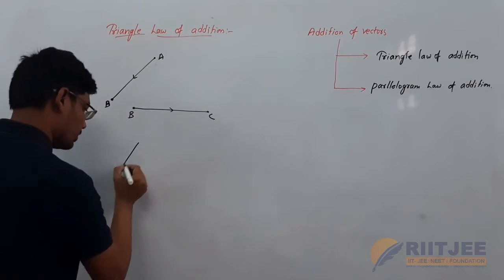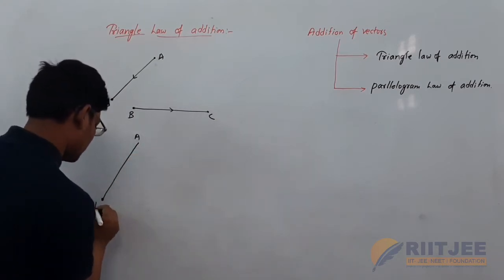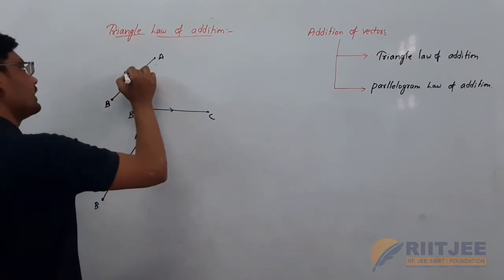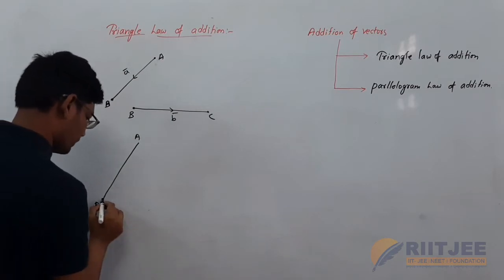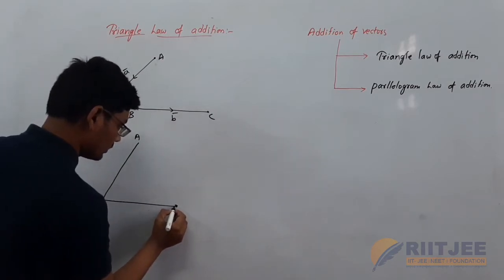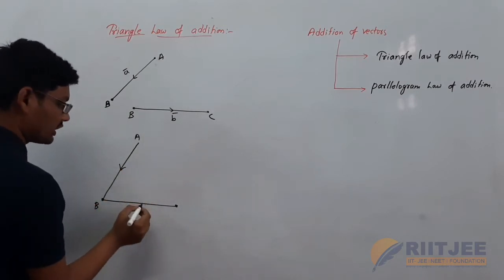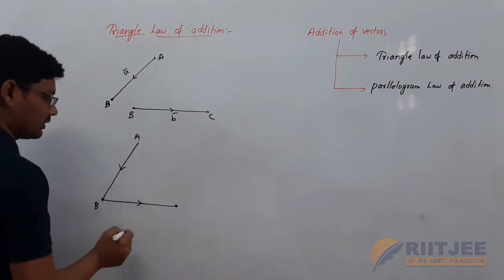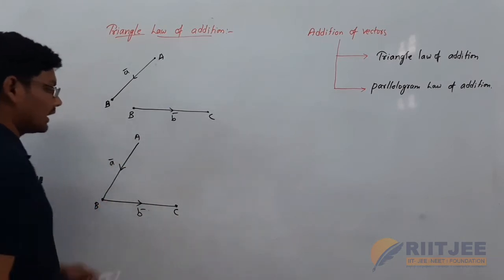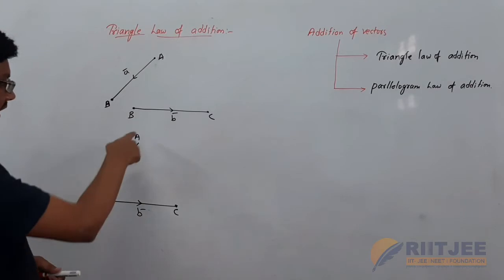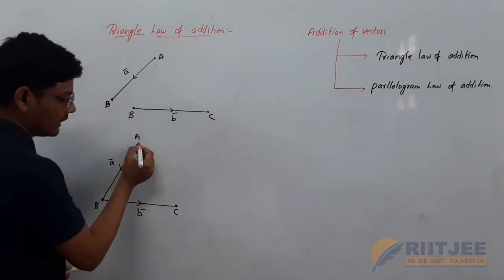This is A bar and this vector is B bar. Now I am joining the AB vector and the BC vector here. The direction of this one is like this, the direction of this one is like this. So this is A bar and this is B bar. The resultant of A bar and B bar by the triangle law is AC.